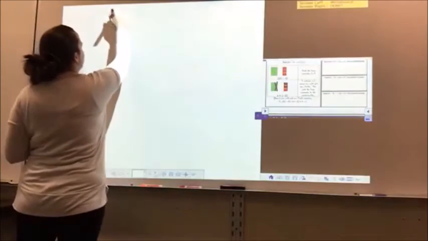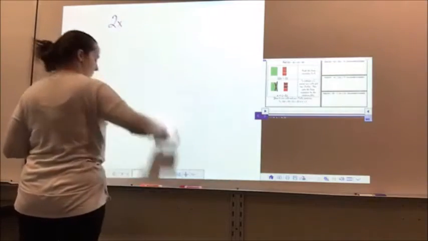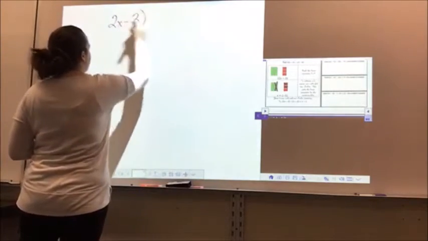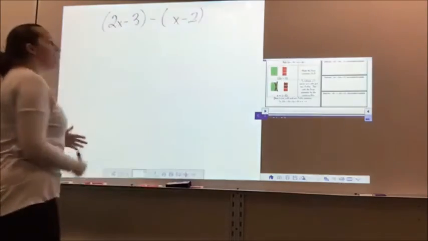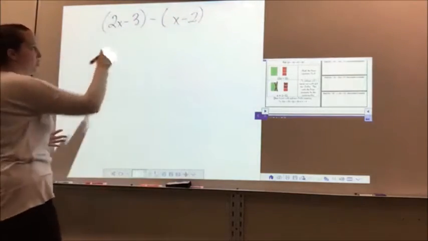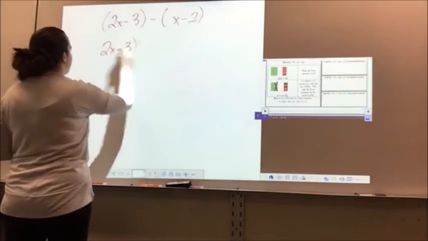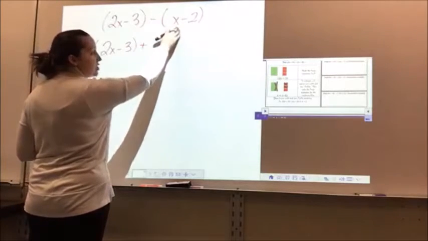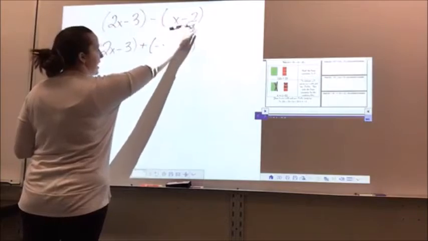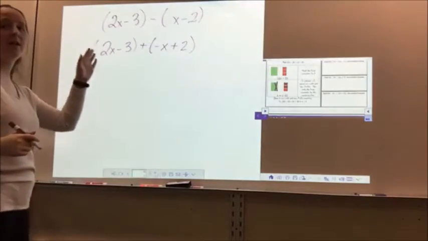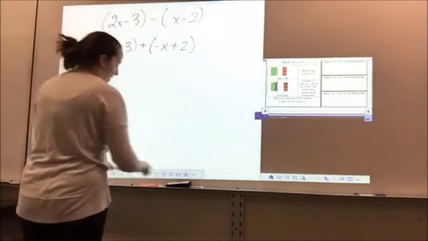Also, you can think about it as if you're adding. So if my problem is 2x minus 3 minus x minus 2, like we did with integers, I can change this minus sign to a plus sign. So I have 2x minus 3 plus, and then everything in here switches signs. Negative x plus 2. Now I can do it like I did with adding linear expressions. I can draw the tiles, and I get the same answer.